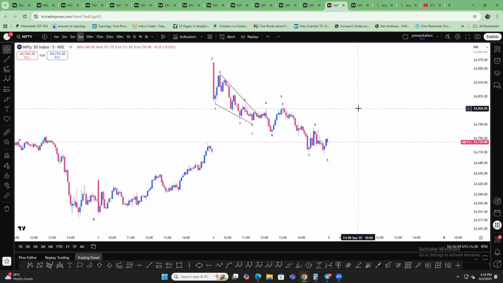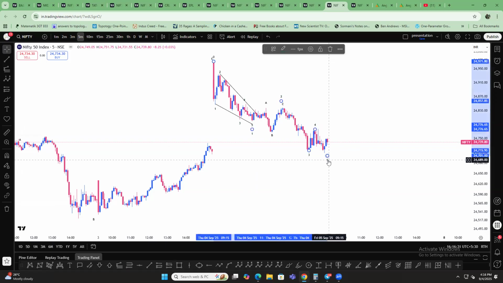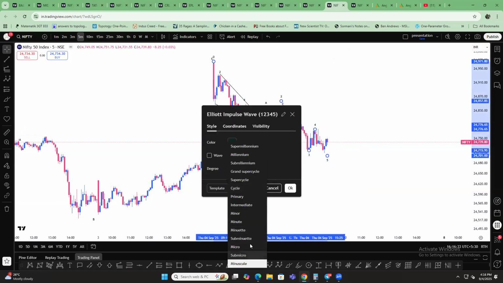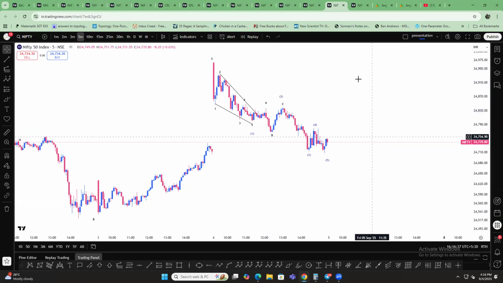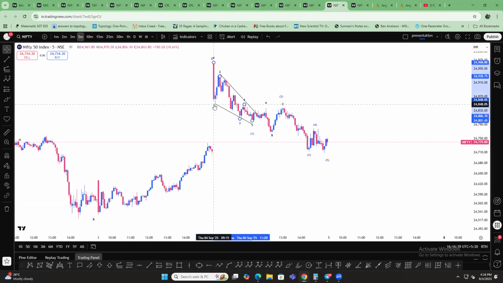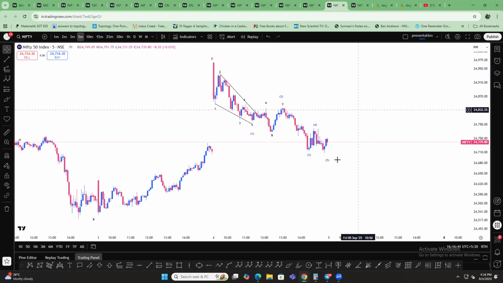Okay. So 1, 2, 3, 4, 5, this is of bigger degree. Changing the color. This is of the bigger degree. Now 1, 2, 3, 4, 5 has started from here. So what we need to do now is calculate where the 5 can stop.